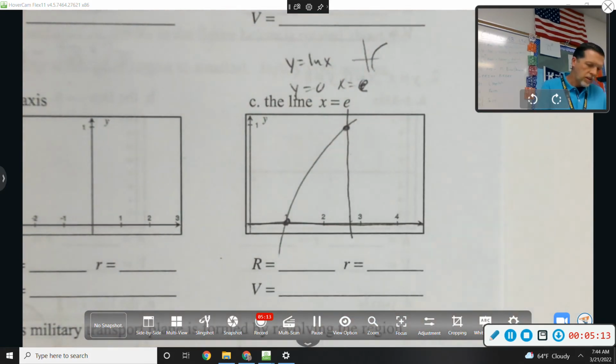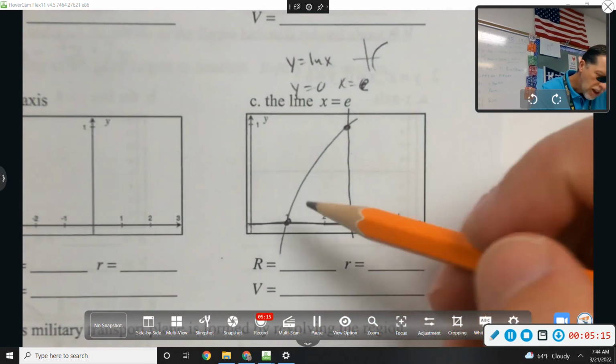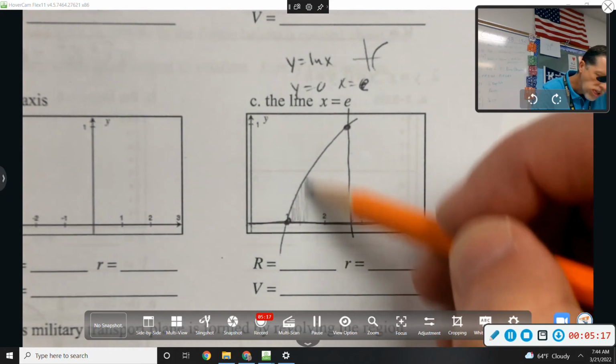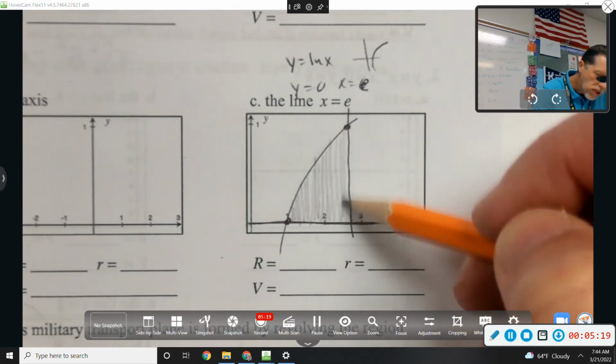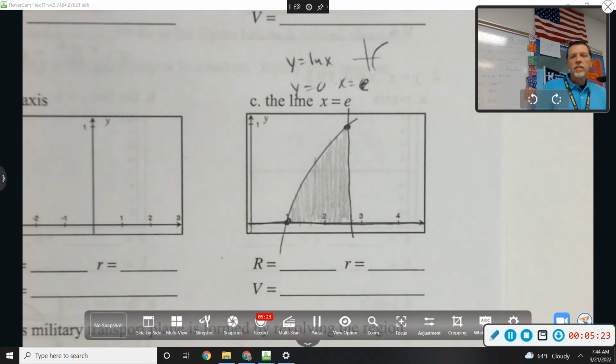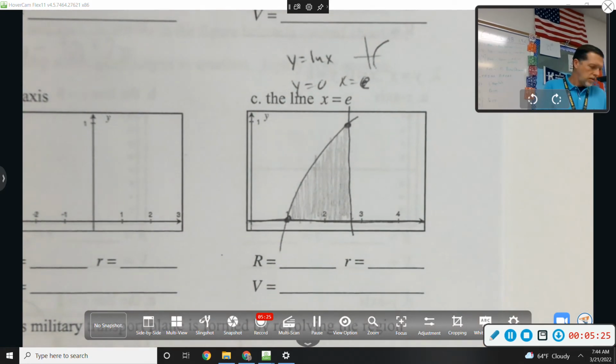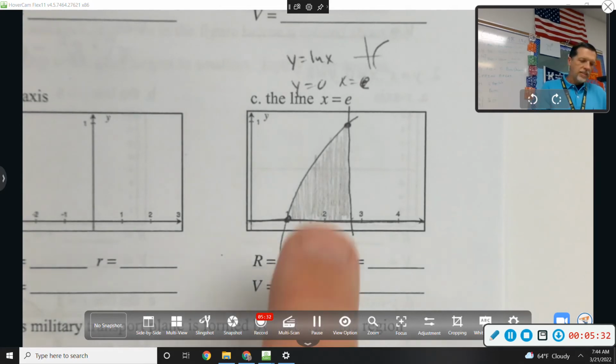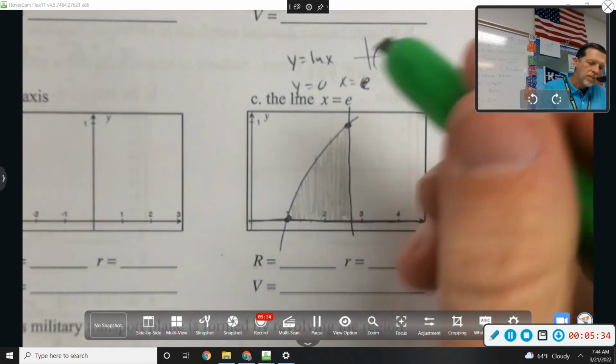So there's the natural log. And so our base area is that. Again, that's the same for A, B, and C, is that same base area.